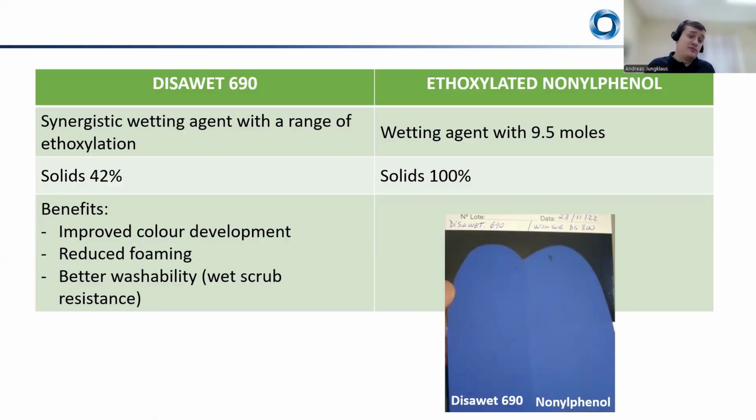So the performance difference in color development suggests more efficient pigment surface coverage and dispersion. And reduced foaming, you see there, indicates better dynamic surface tension control during application. So the example also reflects the industry shift away from APO-based surfactants toward more environmentally compliant alternatives.